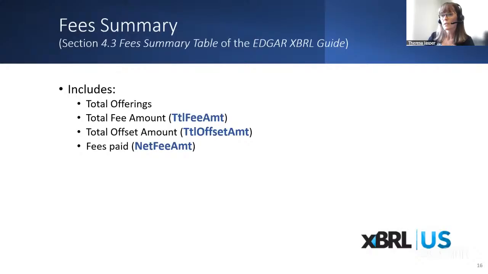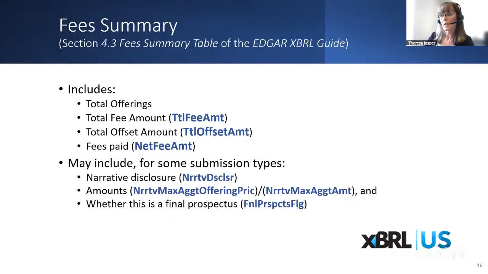In the fee summary section, you will see an inclusion of the total offerings, total fee amount, total offset amount, and fees paid. This may also include, depending on the submission type, narrative disclosure, amounts, and whether this is a final prospectus. All items are non-dimensional.